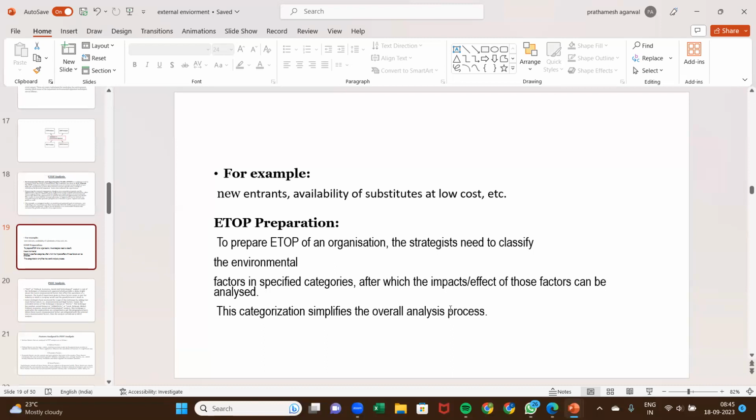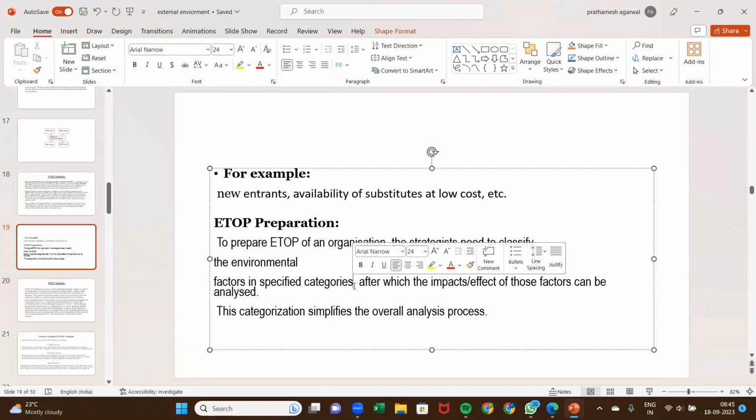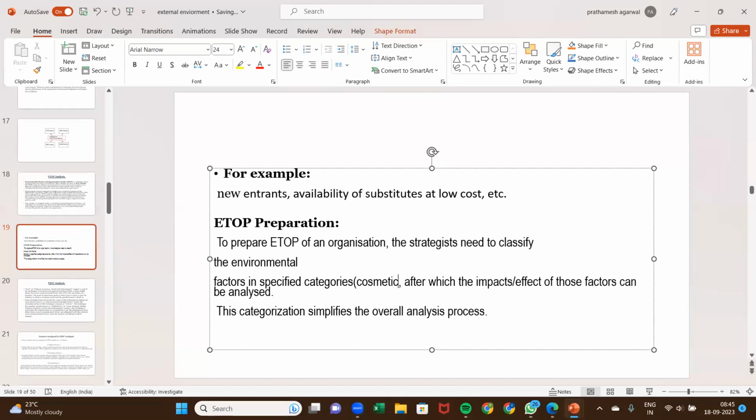We'll study the political factor and then the strategic implementation. All this happens only after analyzing the environmental factor in specific categories. For example, I am writing here cosmetics, as we took the example of cosmetics.